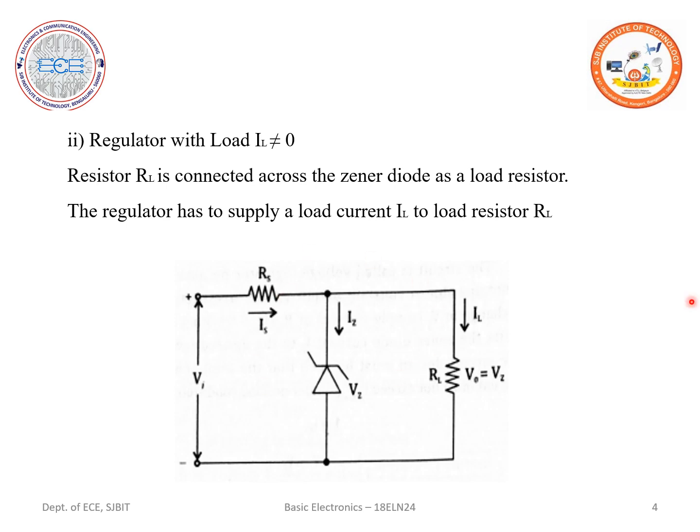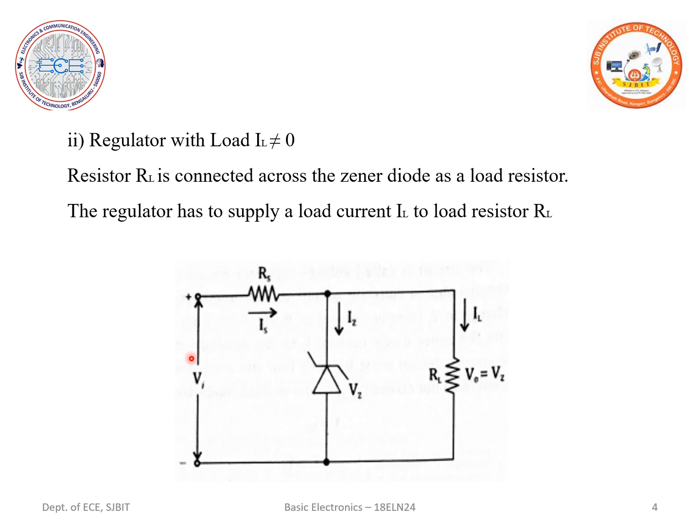In the line regulation, I can expect the series resistance and load resistance are kept constant, and it is assumed that all the variations in the voltage arise due to the fluctuation in the input voltage level. So this is what we call line regulation.